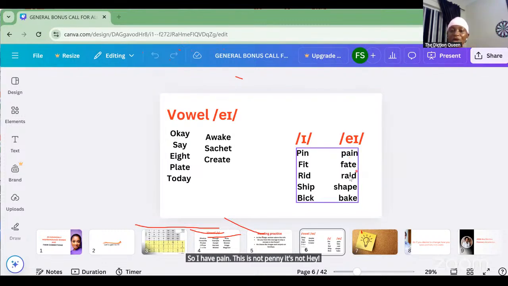Fade, raid, shape, bake. So let's take them together. Pin, pain, fit, fade, red, raid, ship, shade, bake.